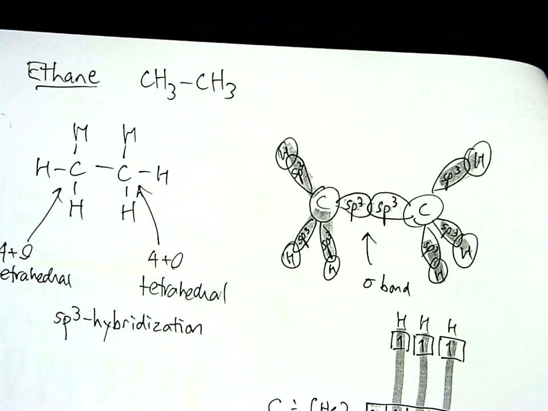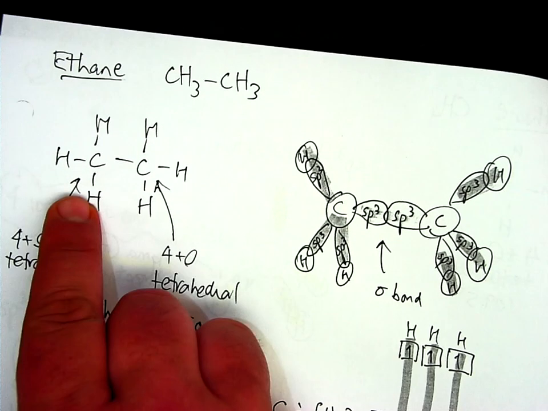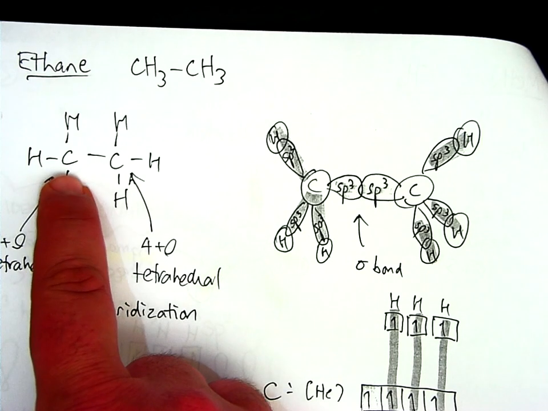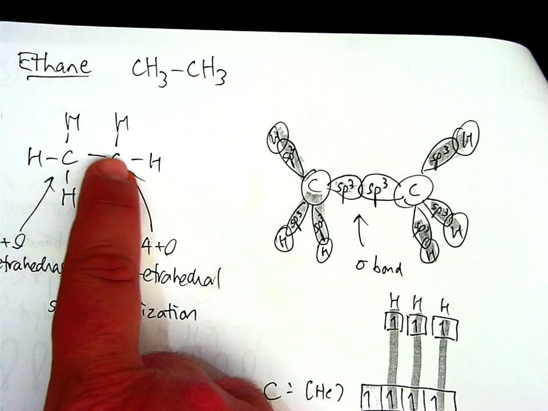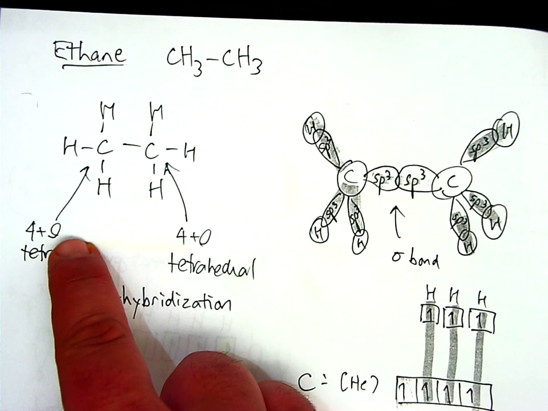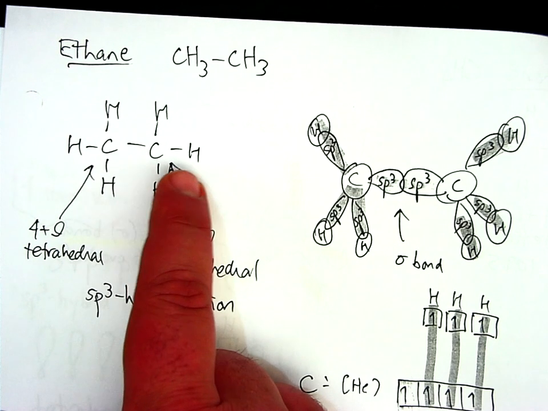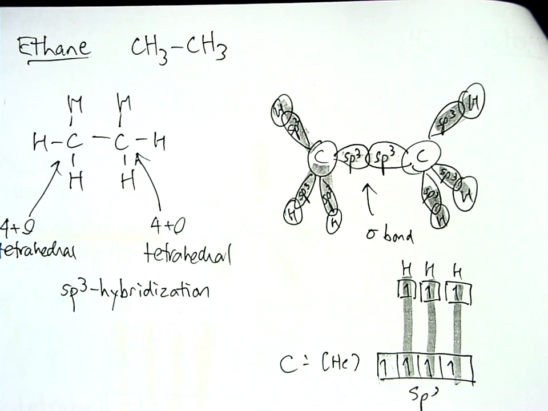Okay, now let's look at some multi-atom molecules that we have. Okay, so we have 2 central atoms here. In ethane, again, we analyze it with VSEPR theory. This has 4 atoms attached, so the code would be 4 plus 0. It's a tetrahedral arrangement, same with this other carbon as well.